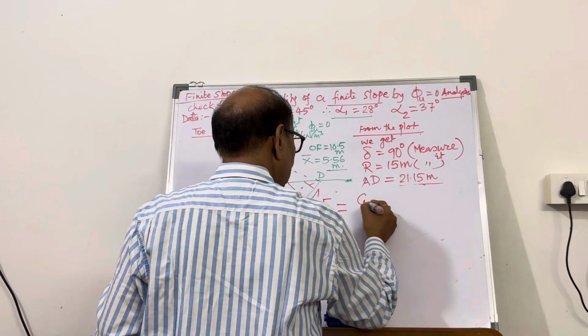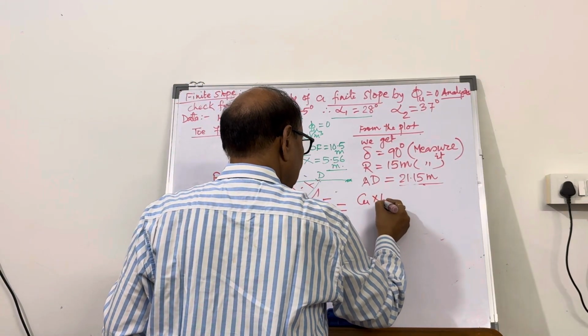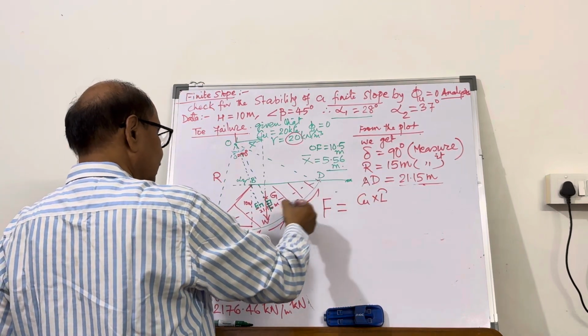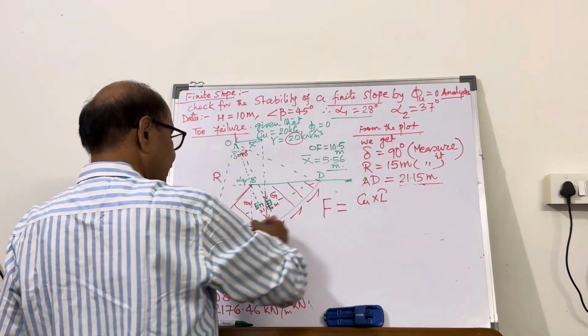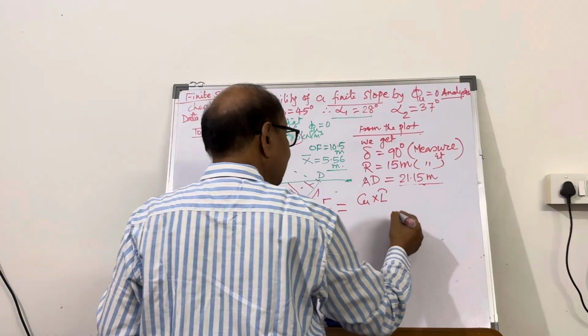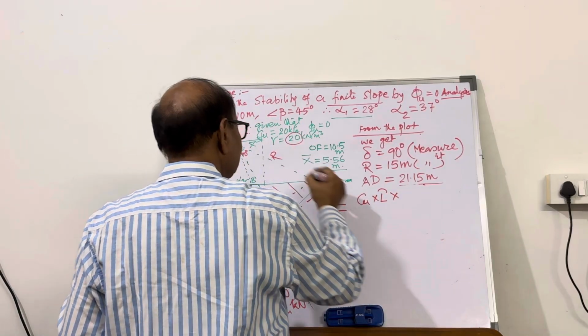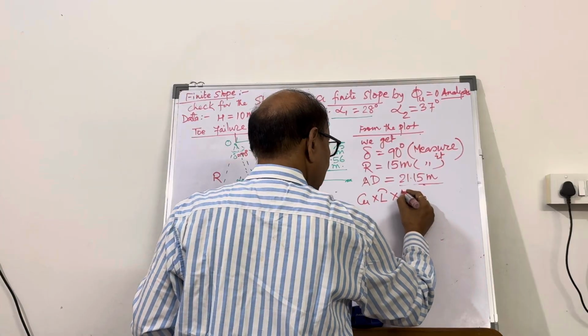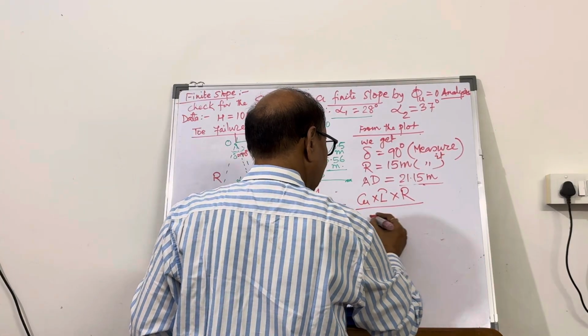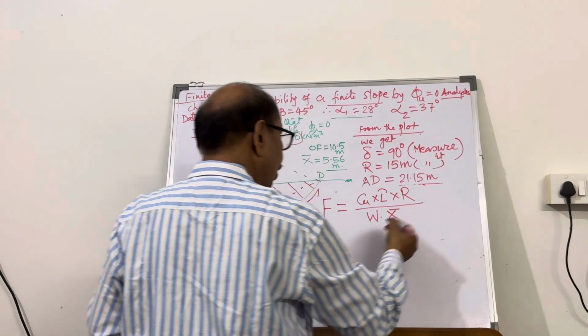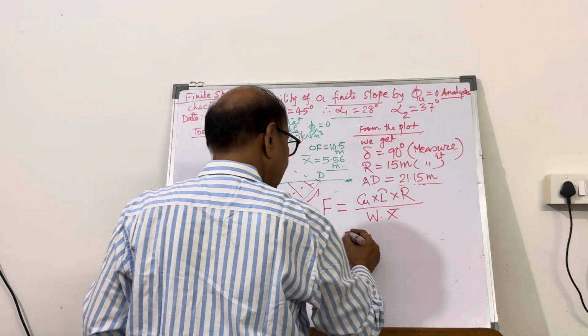So Cu into length of the arc, that is AD. What is the length of this arc? Multiplied by the radial distance divided by W into x bar. In the denominator, you know everything.